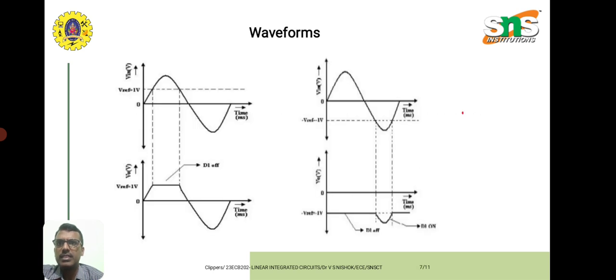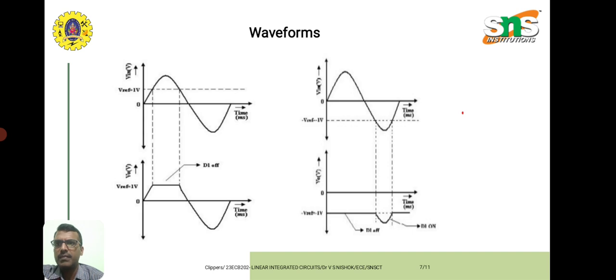We can see the input and output waveforms for two different values: one is positive V reference and the other is negative V reference. Taking the positive V reference as 1 volt, when Vi is less than the positive V reference, the output is produced.